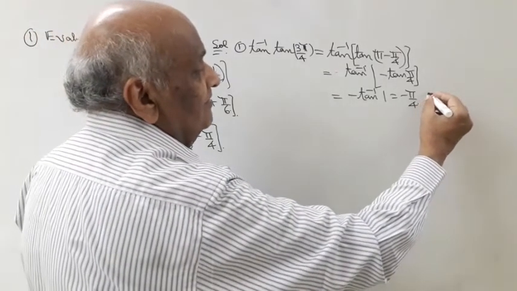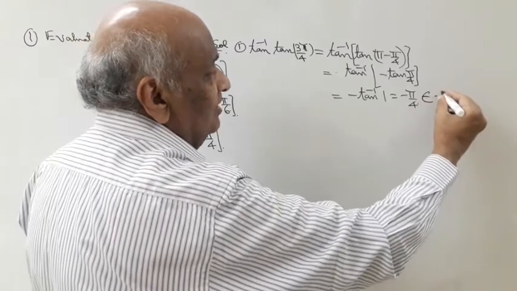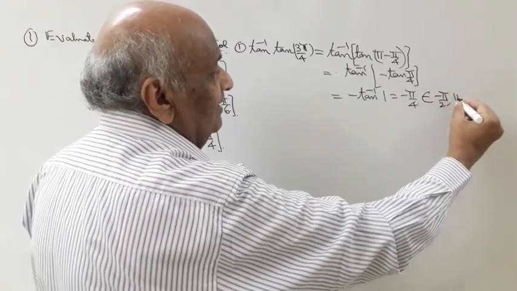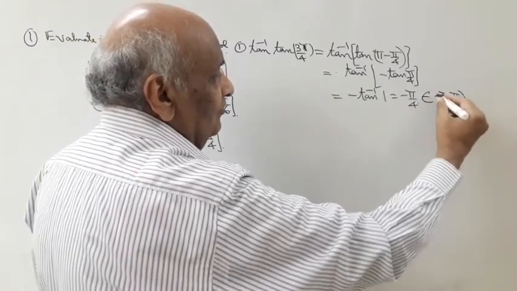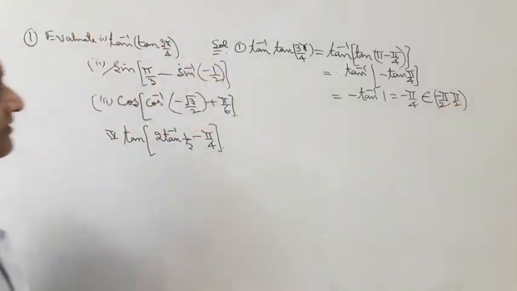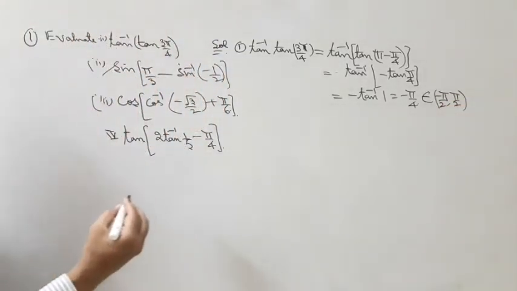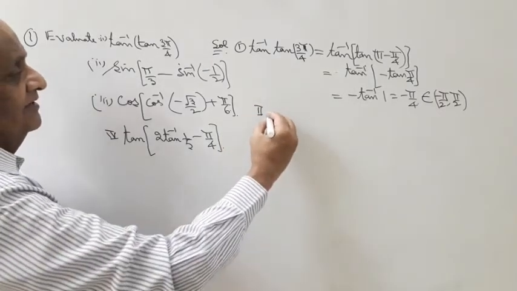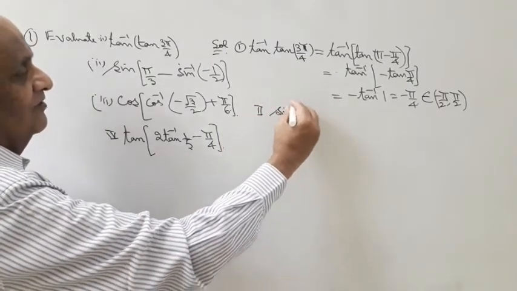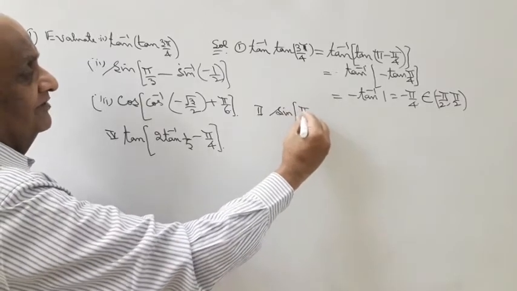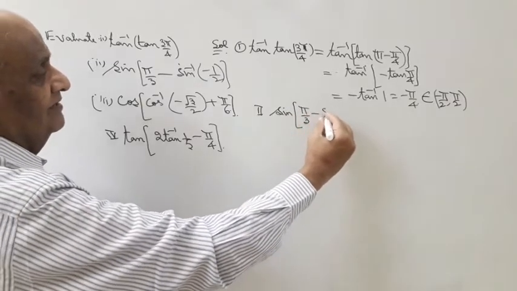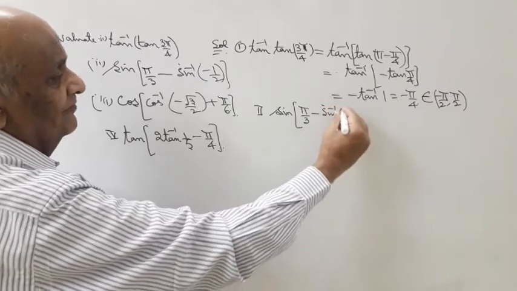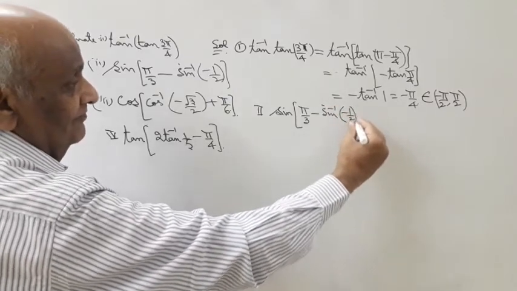You see, it is a member of the principal value branch, minus pi by 2 to pi by 2, open interval. Then the second part I continue. The solution for the second part is sine of pi by 3 minus sine inverse of minus half.